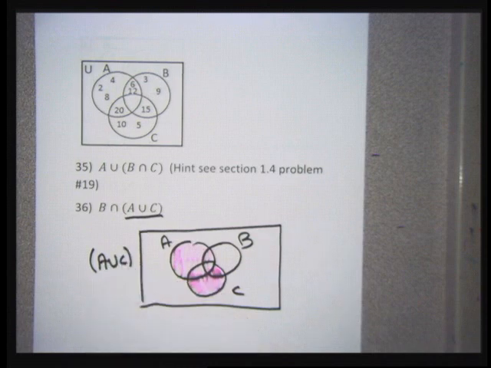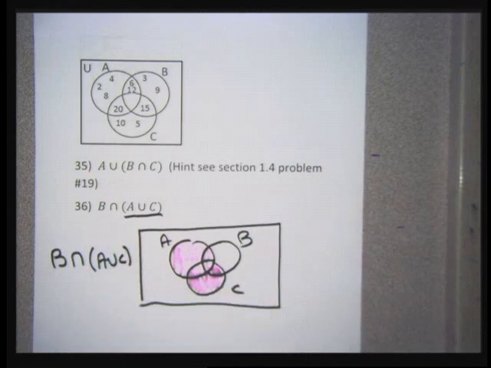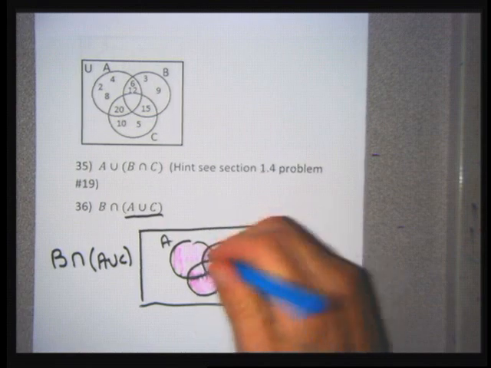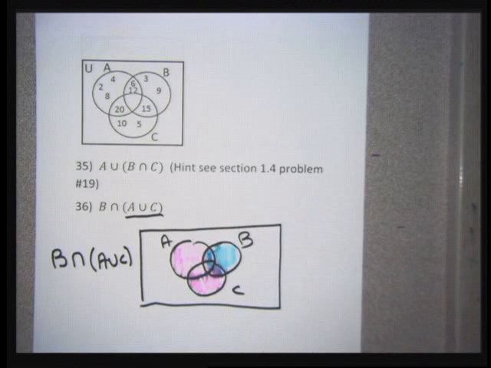And now I need to intersect this with B. To intersect this with B, I'm going to draw B in a new color. For intersection, it's where the shadings overlap.